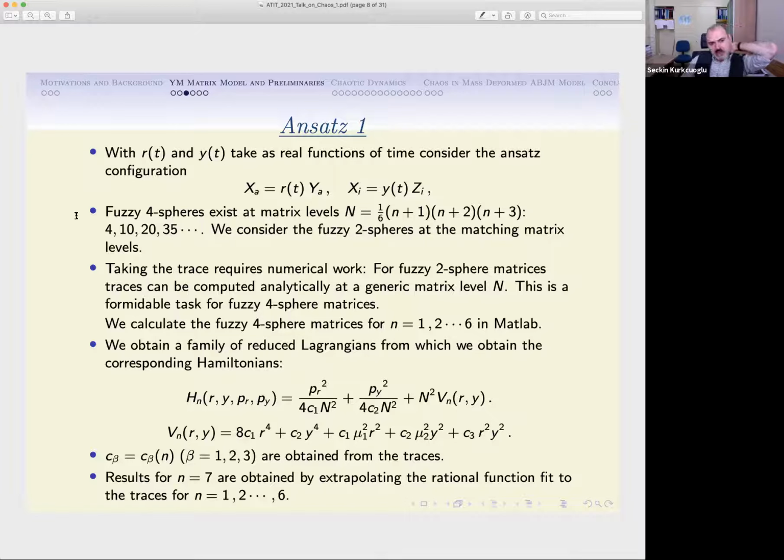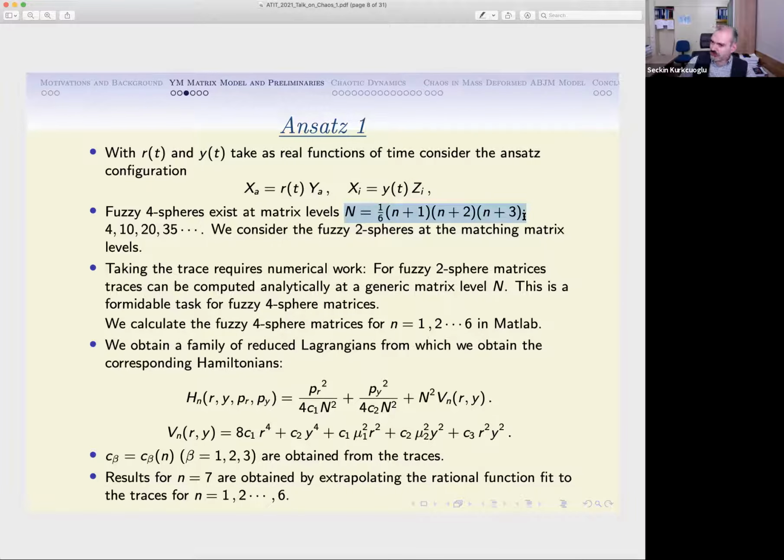Well, okay, so I will introduce this ansatz. These R(t) and Y(t) are just real functions of time, and we will consider X^A as the fuzzy four-sphere matrices Y^A times this R(t), whereas X^i are going to be given by some fuzzy two-sphere matrices of the same size, coincident with this N, of course.